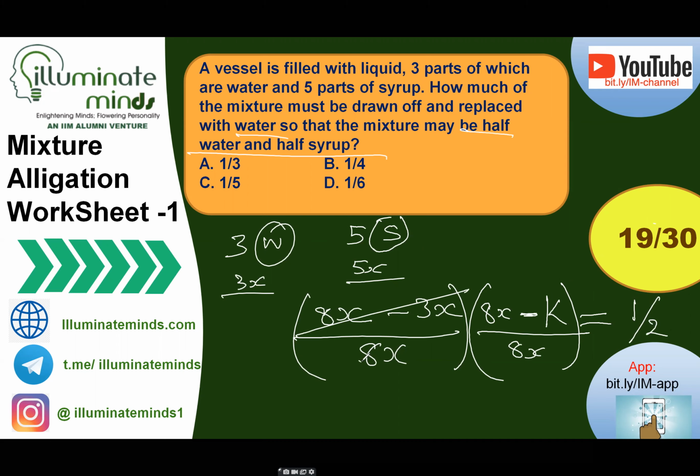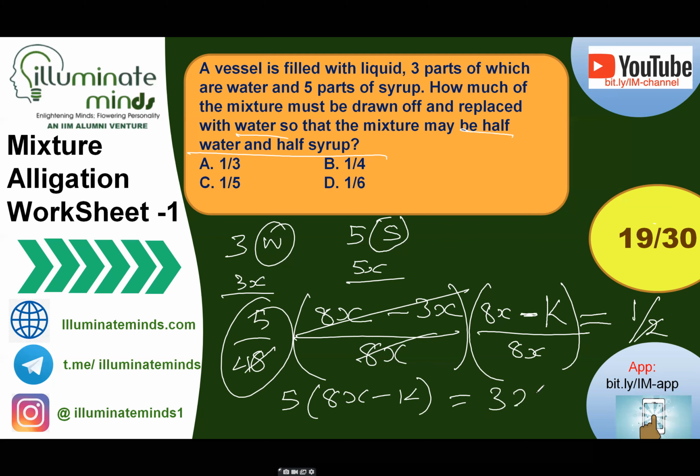This becomes 5 by 8. This becomes 4. So 5 into 8x minus k is equal to 32x. This becomes 40, 80. This becomes 8x is equal to 5k.